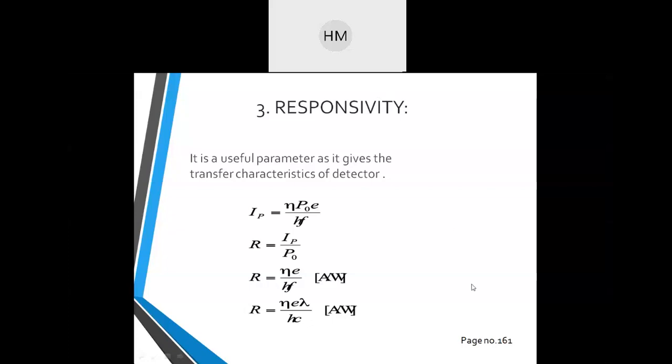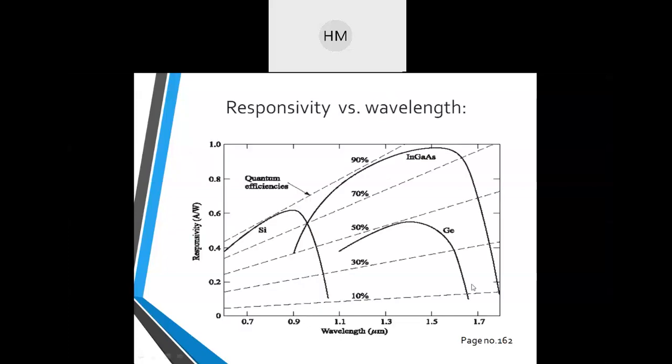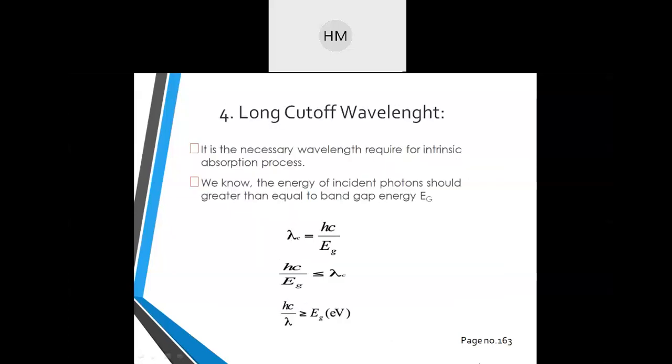Next, the responsivity versus wavelength graph is shown. Generally, responsivity increases with wavelength in certain cases and it decreases after a particular wavelength. Then the long cutoff wavelength, the next important parameter.